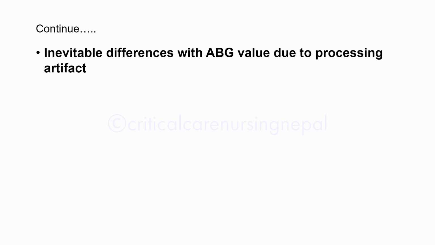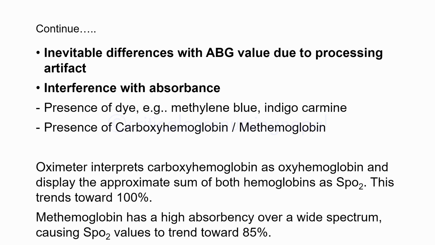Another is interference with absorption. This is where inexperienced clinicians might get into trouble. The presence of dyes like methylene blue and indigo carmine. Methylene blue is used in vasoplegic syndromes or methemoglobinemia treatment.